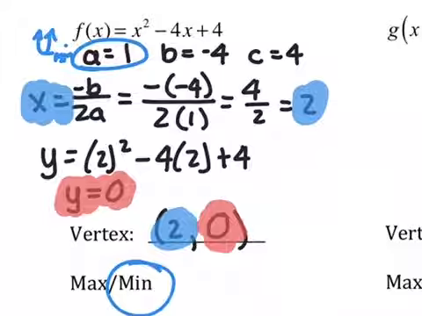Alright, for the next two problems, I'm going to show you the work, but you should be able to do them, so I'm not going to walk you through each step. Go ahead and pause this video and try the next two problems.